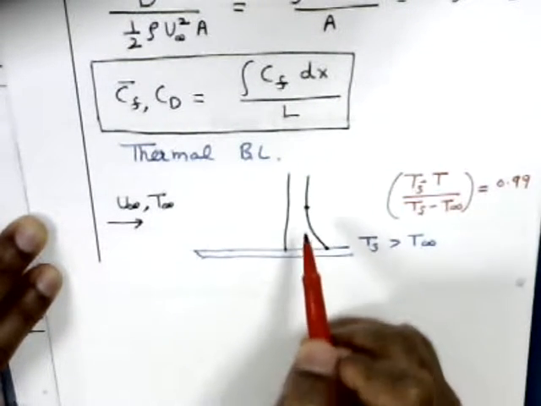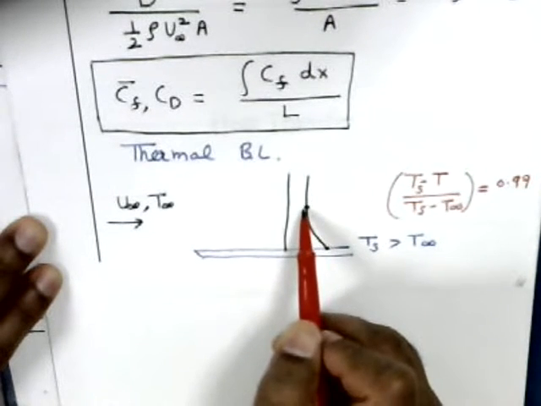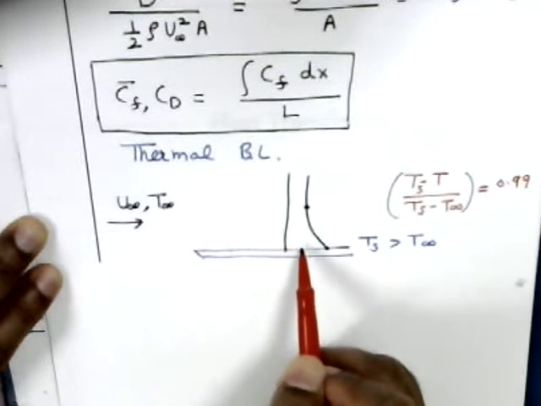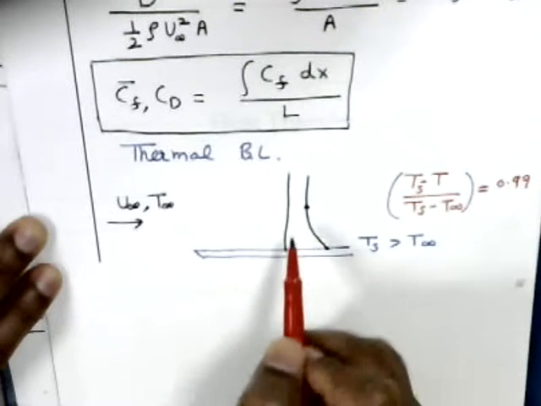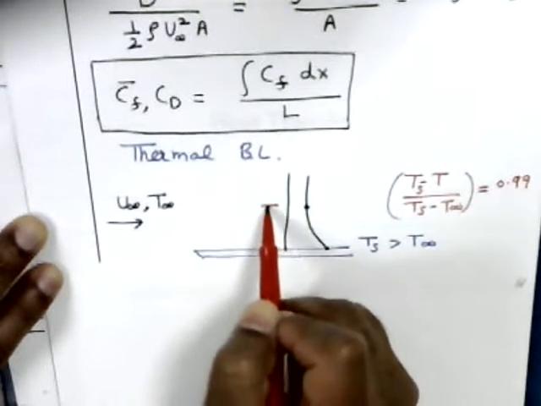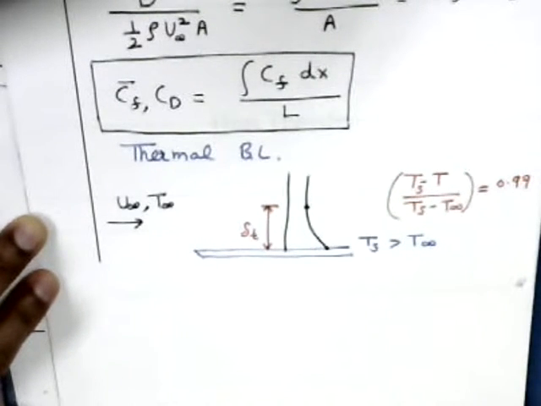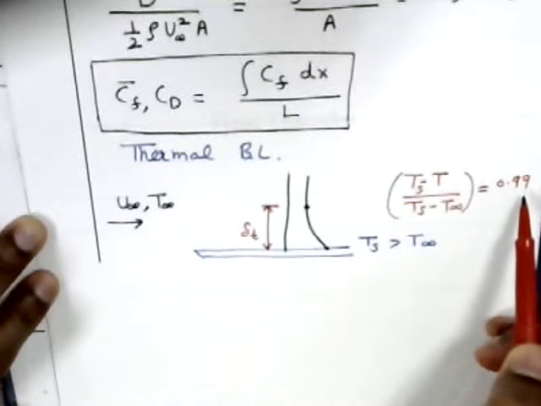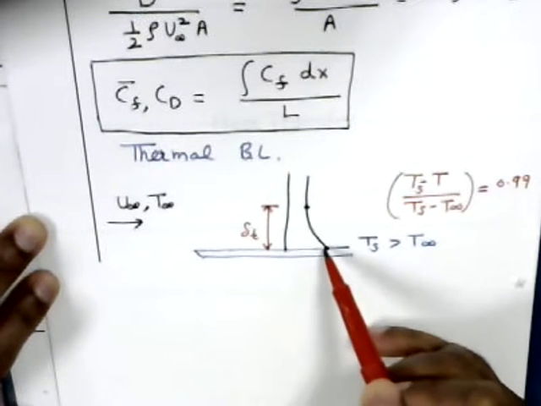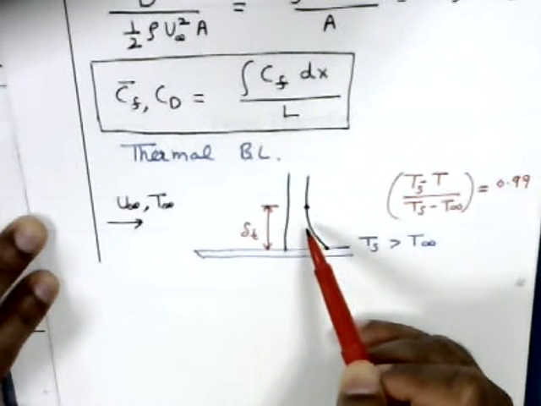So this point corresponds to the region in which this temperature gradient is confined, and this is called the thermal boundary layer thickness, which we indicate as delta T. The reason we take this as 99% is because the temperature decreases not exponentially but asymptotically.